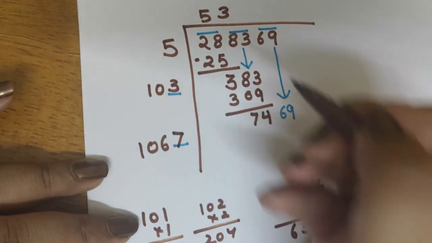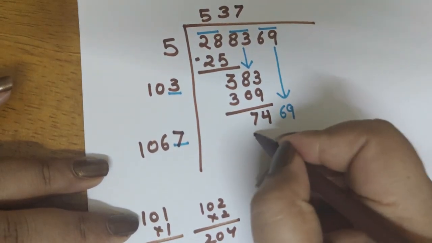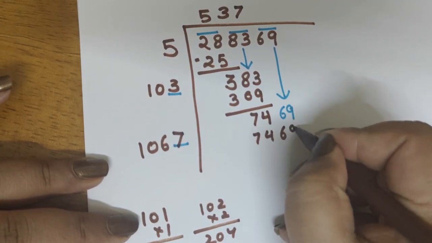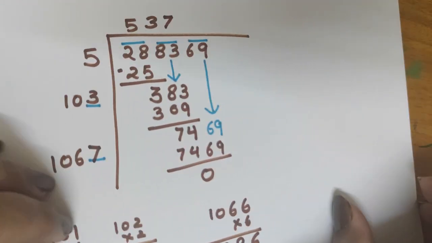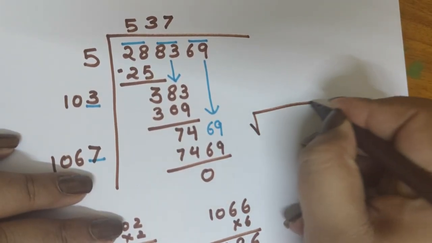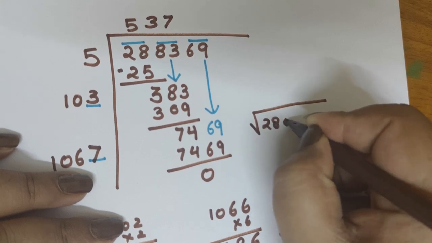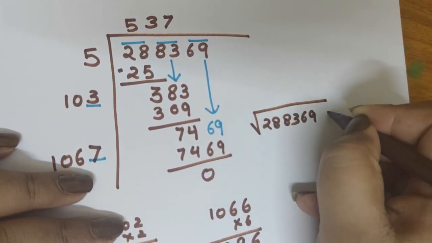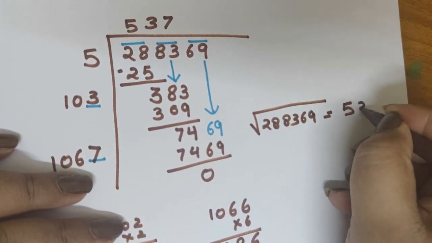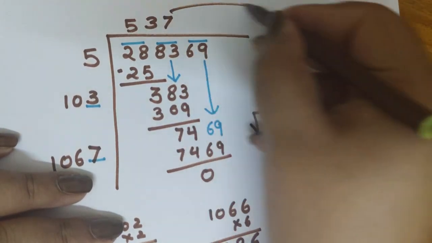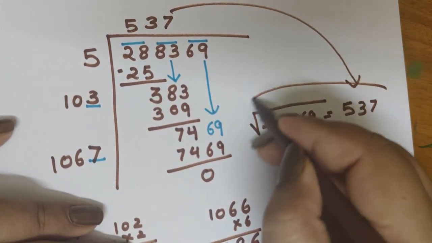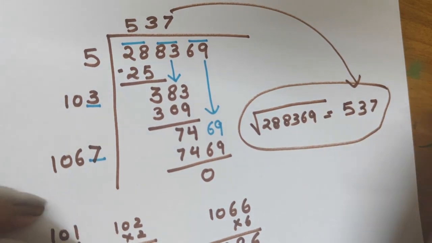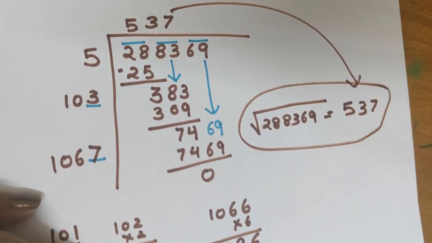So I will put 7 here, 7 here and 0. So what does it mean? That the square root of this number is found. Hope this is clear to everyone.